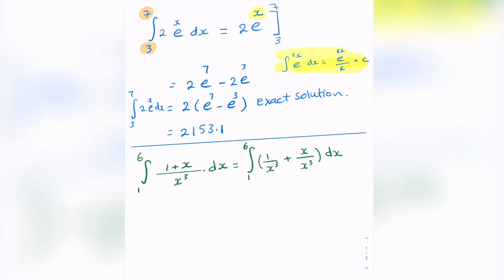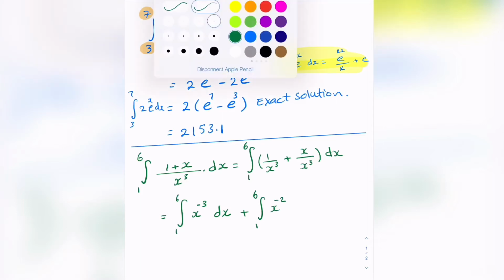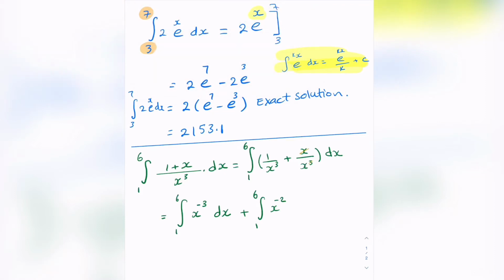Okay, and this is going to be again integration from 1 to 6 for, I'll put the x to the power 3 at the top, so it's going to be x to the power minus 3 dx, plus the integration from 1 to 6 for x to the power minus 2, because this is x over x cubed, and this becomes 1 over x squared.